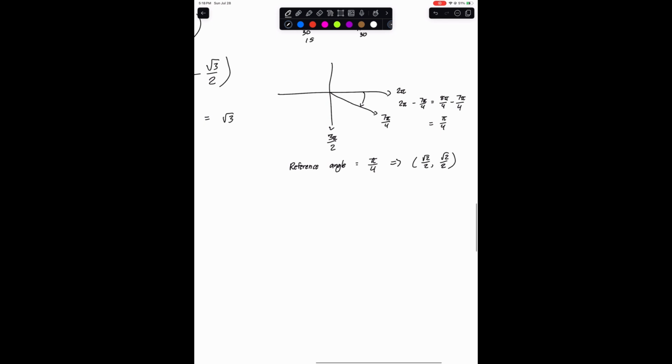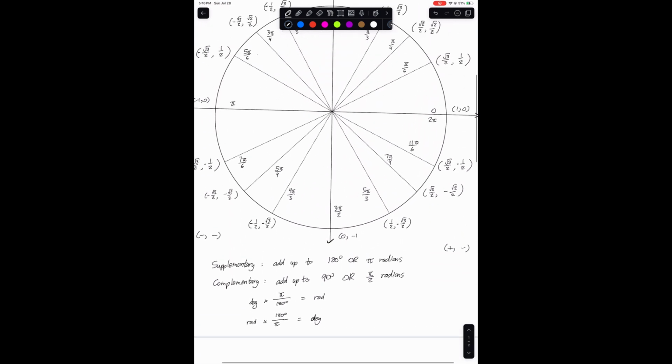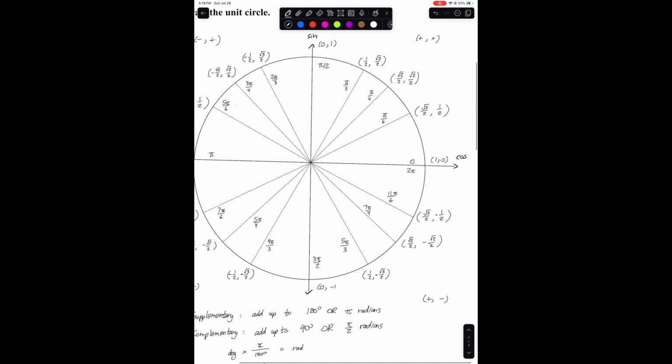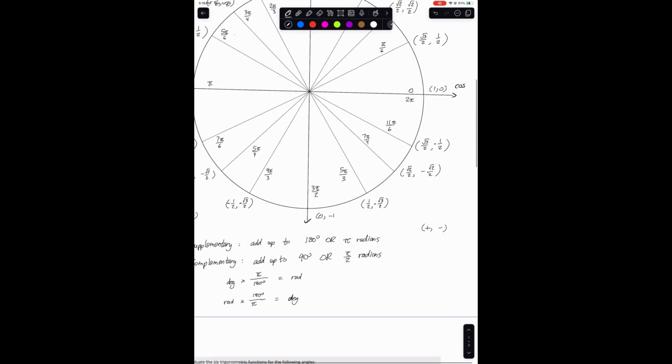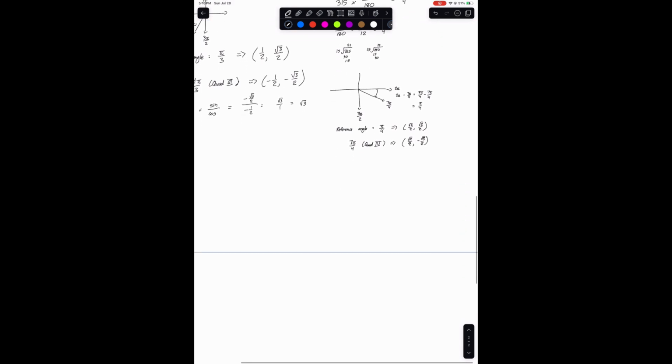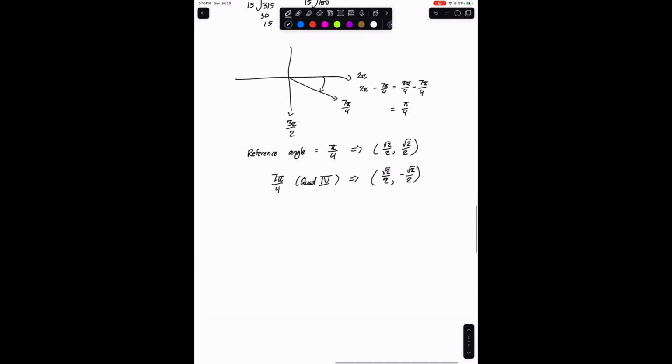Now, since I am in quadrant 4, right? This is quad 4. I need a negative on my sine value. So it'd be root 2 over 2, negative root 2 over 2. But if you have time, it might be useful to just draw your own unit circle, or maybe just the first quadrant of the unit circle, so you don't have to risk remembering every single time.